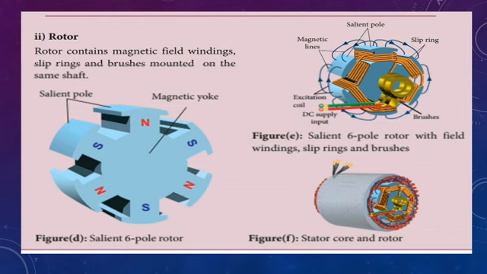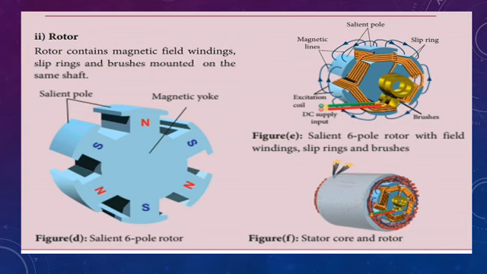Next, the rotor. See, this is the rotor. The rotor contains magnetic field windings, slip rings and brushes mounted on the shaft. The shaft is nothing but a long rod.